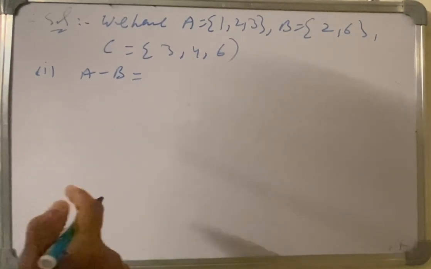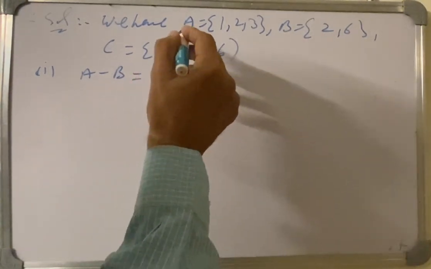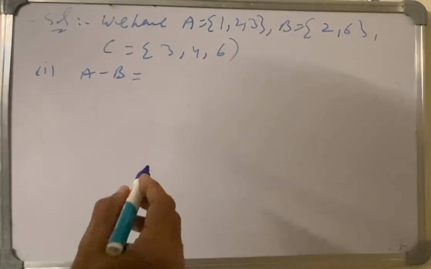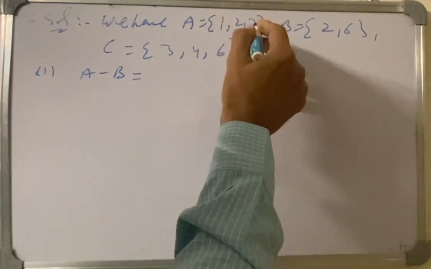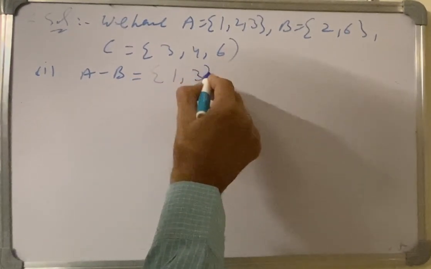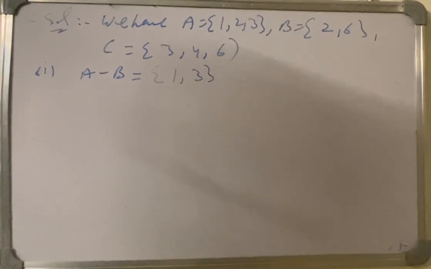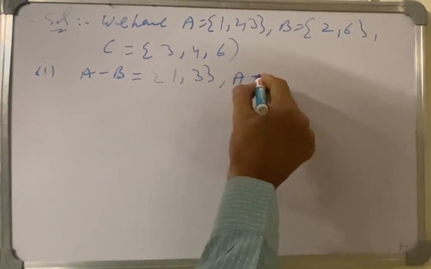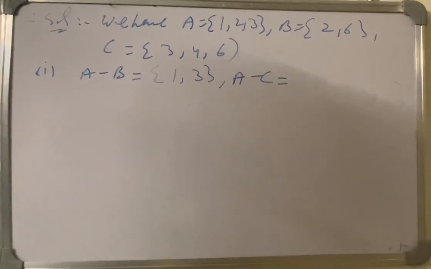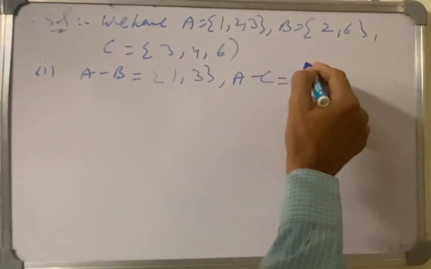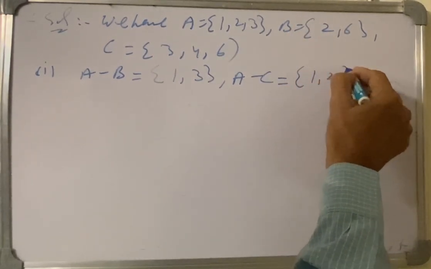A minus B is a set of all those elements of A which are not in B. So there are elements 1 and 3 which are not in B. Similarly, we find A minus C. A minus C is a set of all those elements of A which are not in C. So there are 1 and 2.